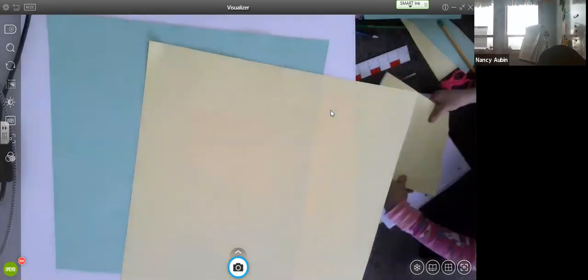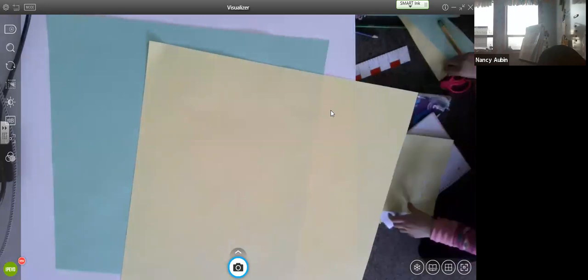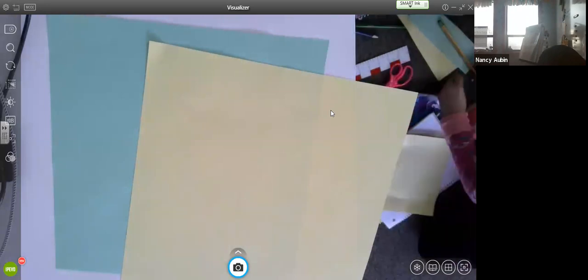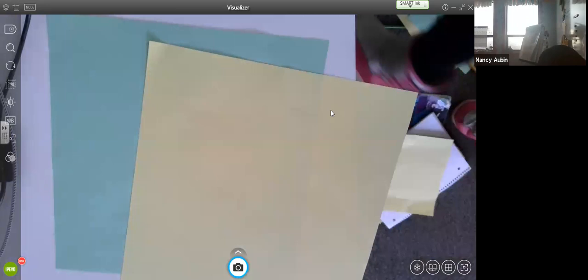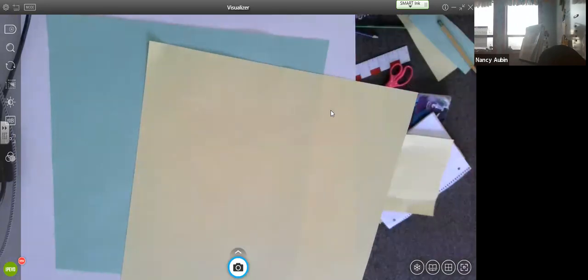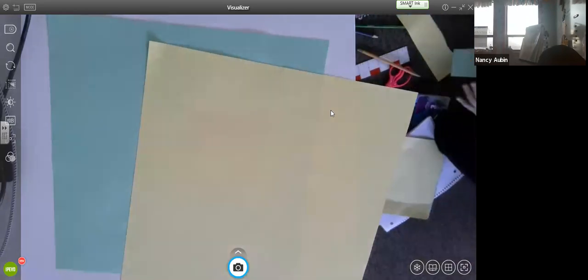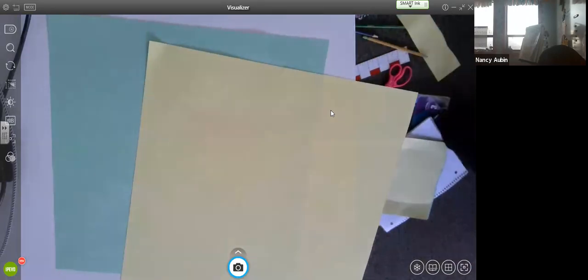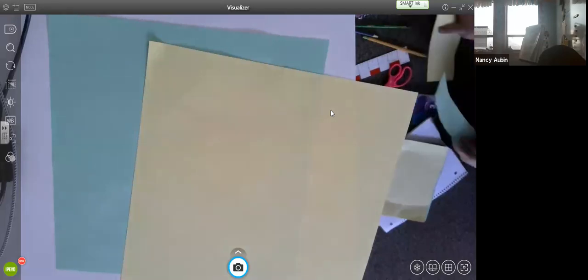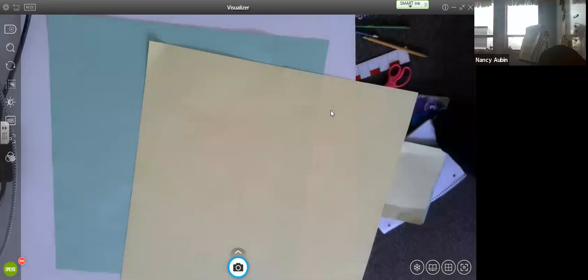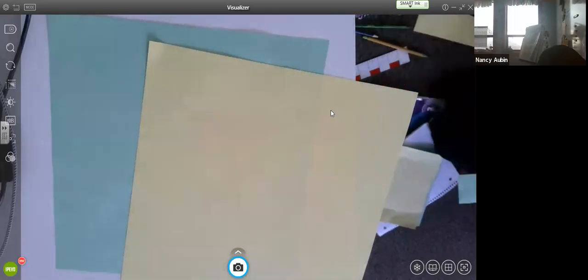All right. Anybody need help or is everybody finished with their squares? So you need to have 2 squares done.